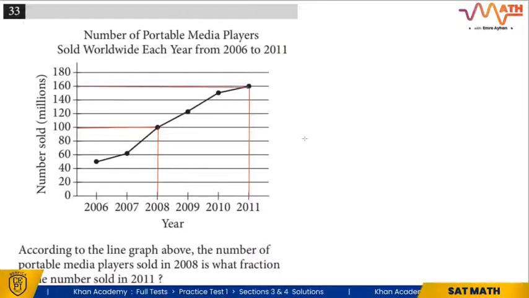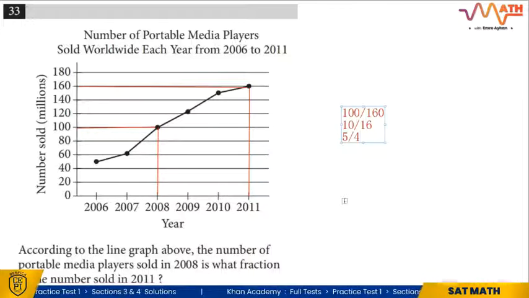So you have to divide, right? Here we have 100 divided by 160. So it is 10 over 16, or 5 over 8.